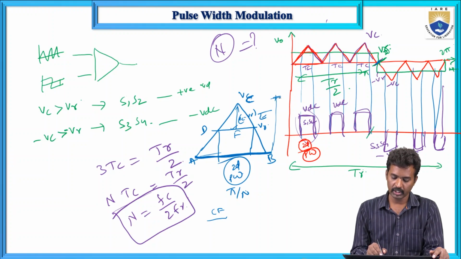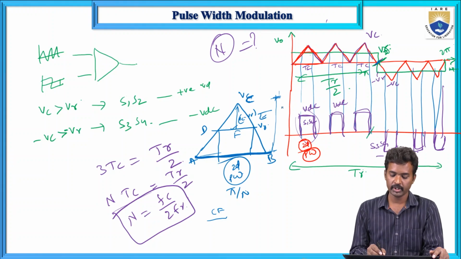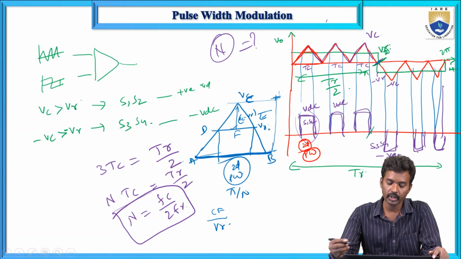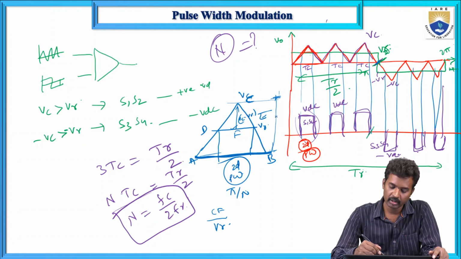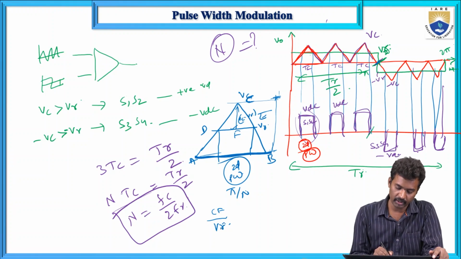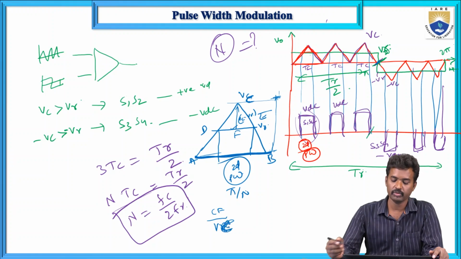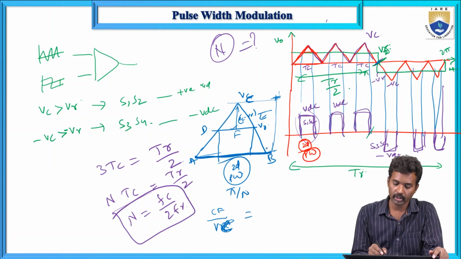What about this height? That is VR, suppose BC. So that is VR. Now VC minus VR, and this one is VC, sorry. So this one is VC.